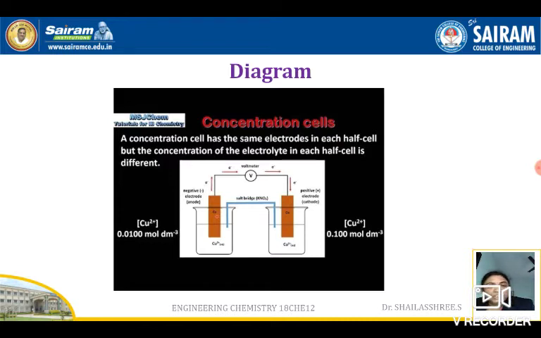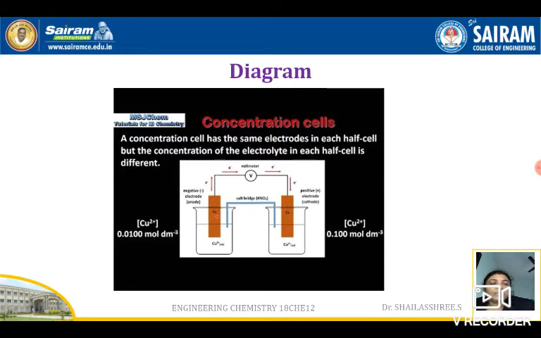Once the concentrations become equal, there is no more flow of electrons and hence no current. When you write the diagram, you have to write two electrodes dipped in a solution of the same electrolyte of different concentrations. Both are connected to the voltmeter.